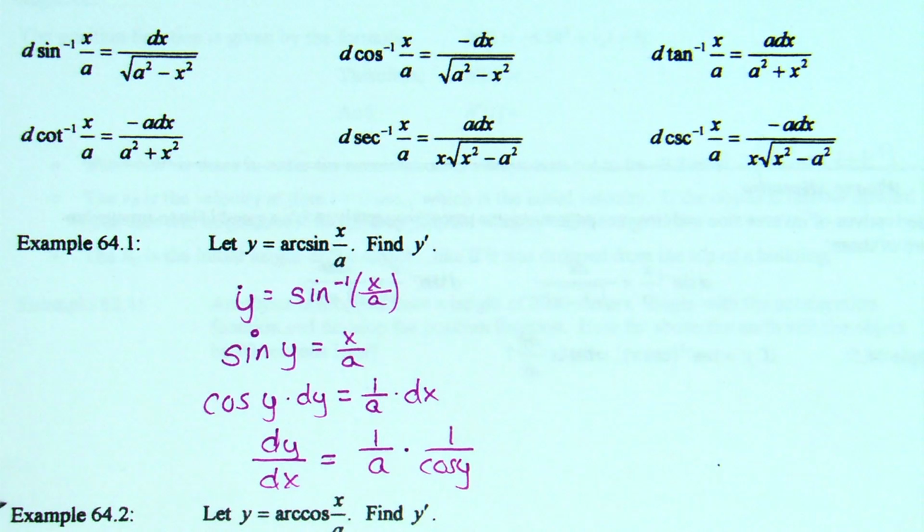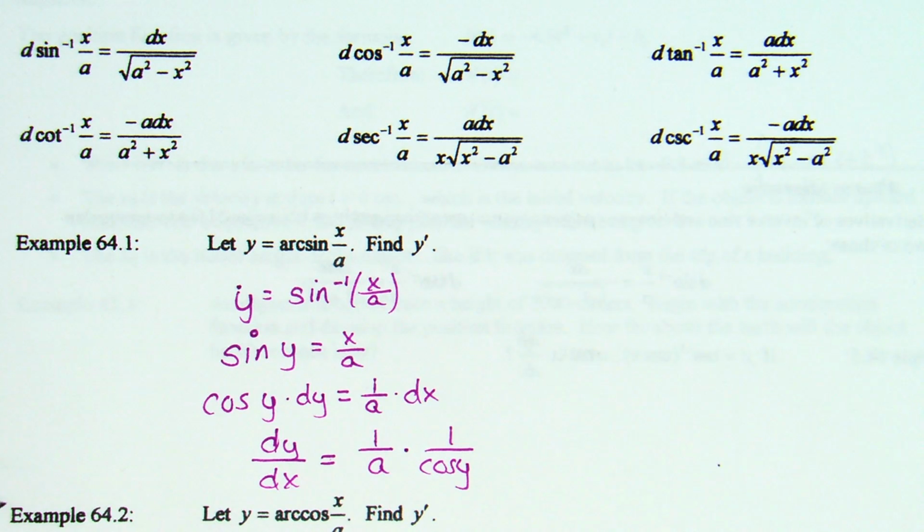Now, here's the problem. I'm just trying to get a better form. In all technicality, it is 1 over a divided by cosine y.